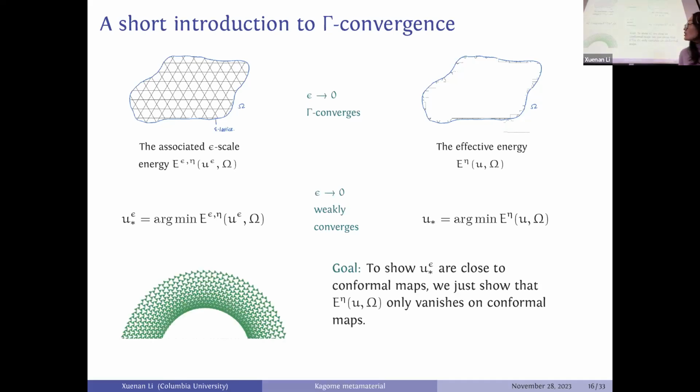And if we want to show that conformal maps are the small energy states for this energy, then I just need to show the effective energy is going to vanish on the conformal maps. Because if the minimum states are going to be conformal maps, then any small energy state here is going to be approximately a conformal map. Okay, so the key point is how we show here that U star must be a conformal map.